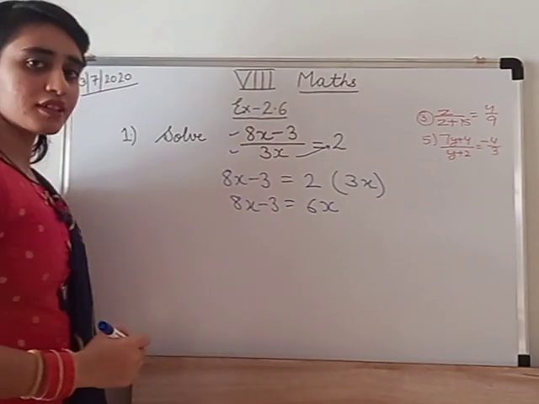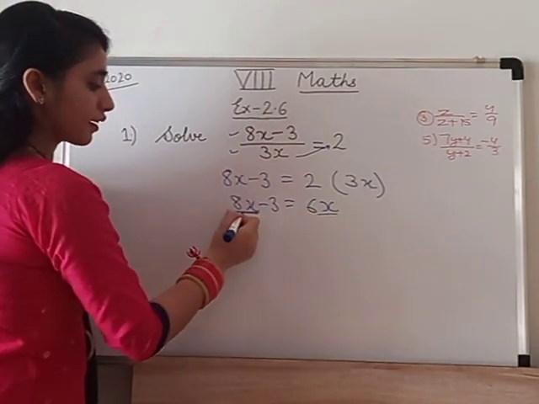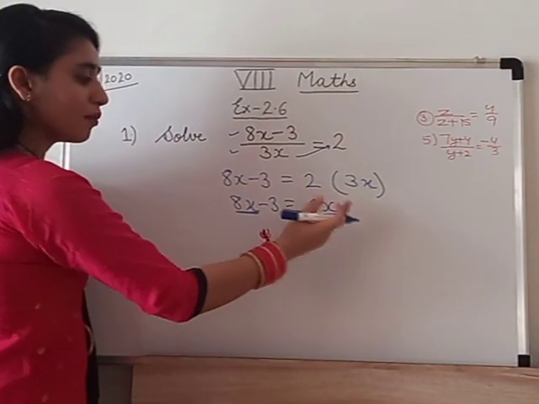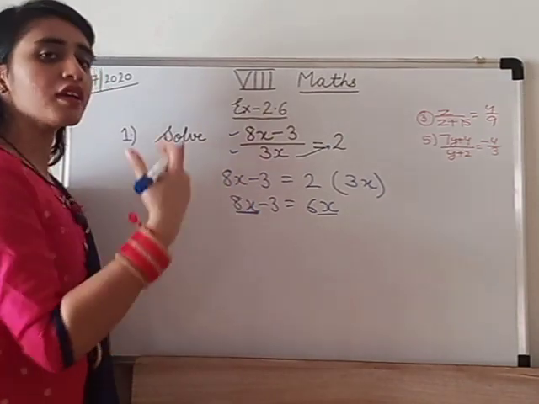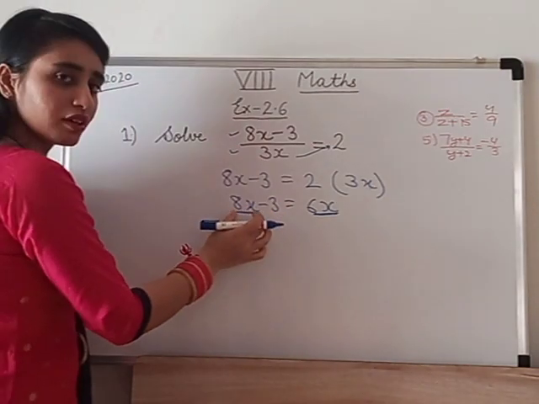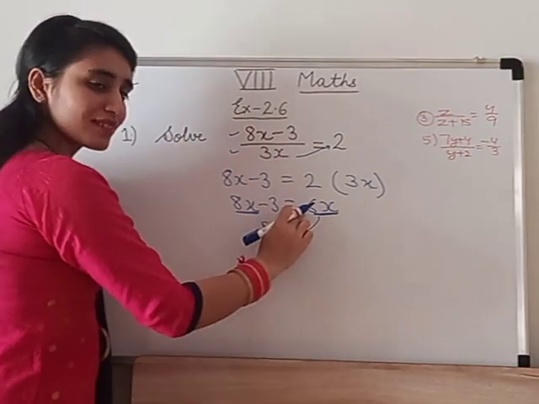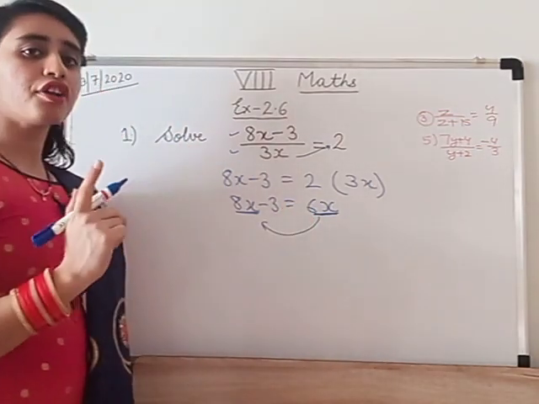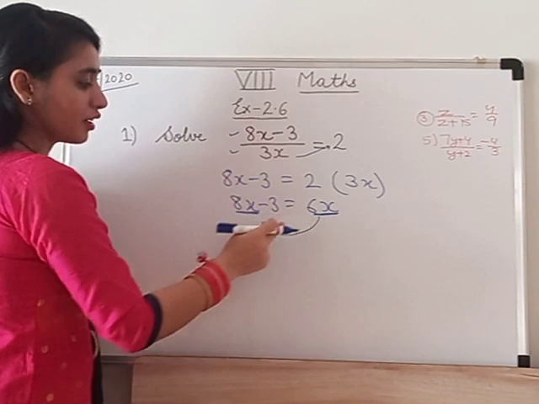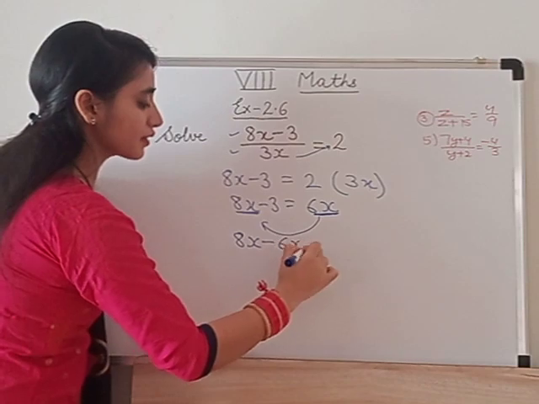Now solve this equation. Both 6x and 8x have the variable x, so we combine these terms and separate the constant term. This is on the right side and this is on the left side. When we shift 6x to the left side, it is in positive sign, so according to our transposing rule, when we shift it to the left side, it becomes negative. 8x minus 6x.